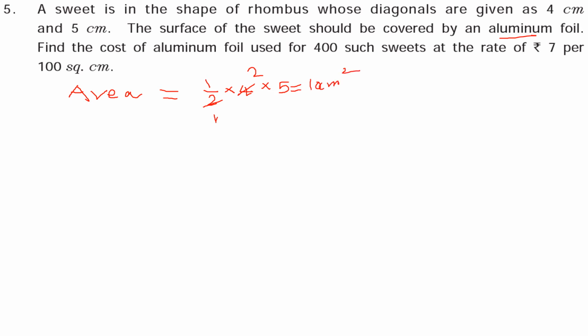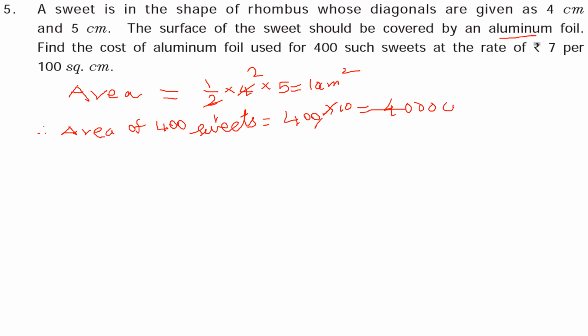Therefore, we will find area of 400 sweets. Equal to 400 into 10 equal to 4000 centimeter square.